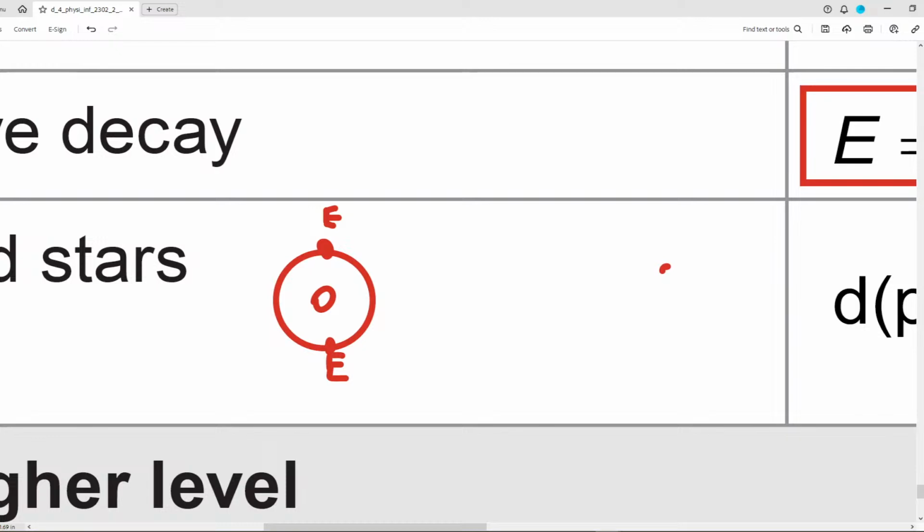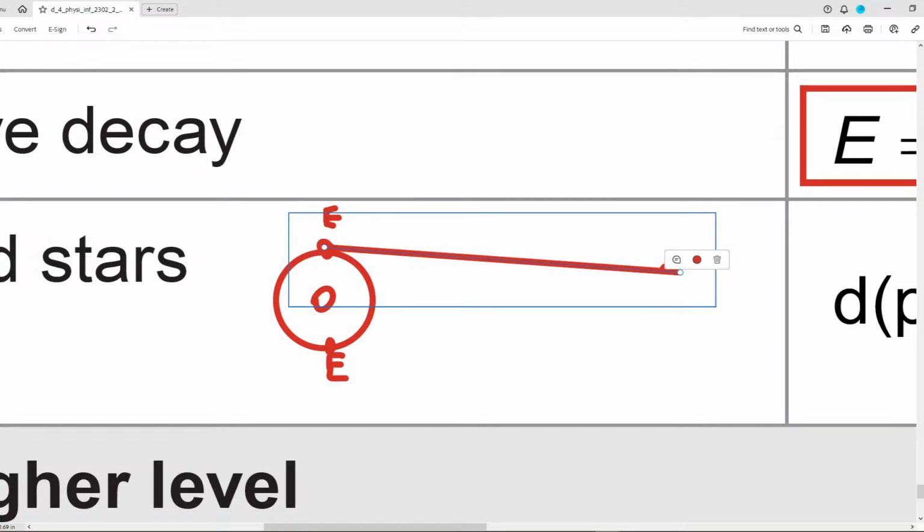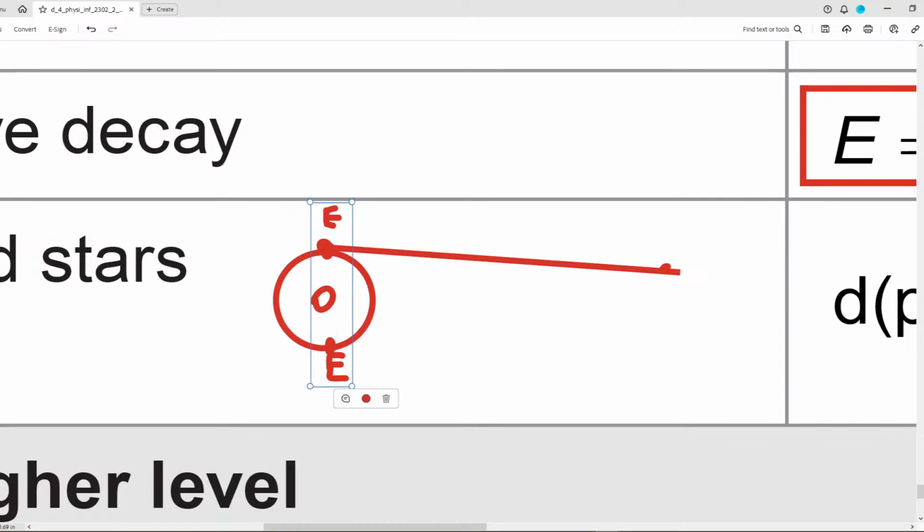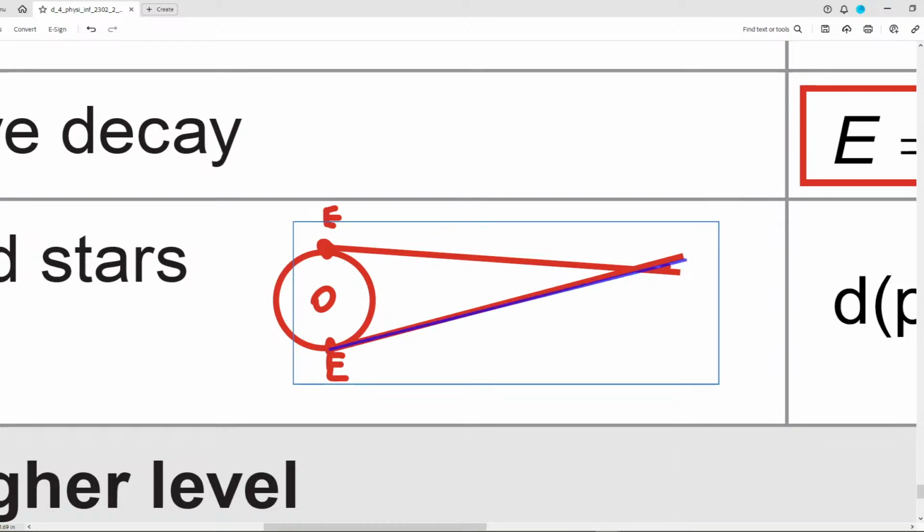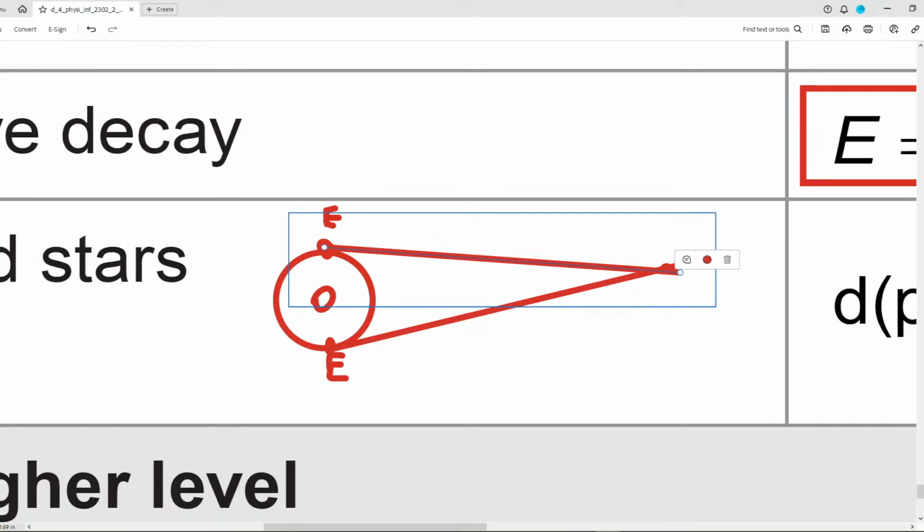Let's say here it's summer, and the bottom is winter. If you draw a line between the star and the Earth and actually measure the position of the star, it differs by a little bit.